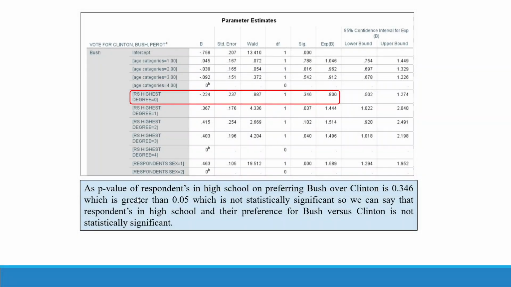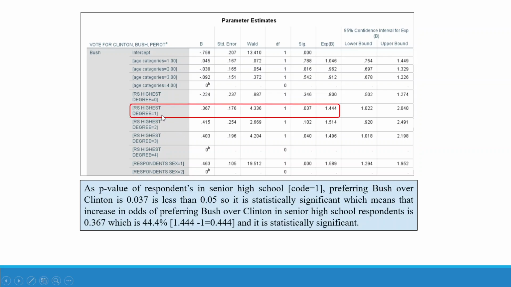So the p-value of respondents in high school on preferring Bush over Clinton is 0.346, which is greater than 0.05, which is not statistically significant. So we can say that the respondents in high school and their preference for Bush versus Clinton is not statistically significant, or in other words, their preference is the same.